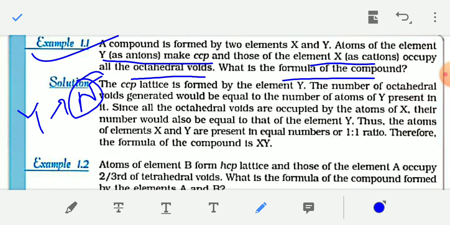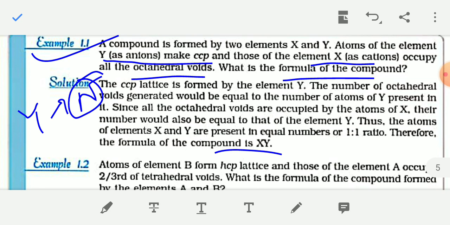Element X occupies all the octahedral voids, so the number of X will also be n. So the ratio of X and Y is 1:1. Therefore the formula of the compound is XY.